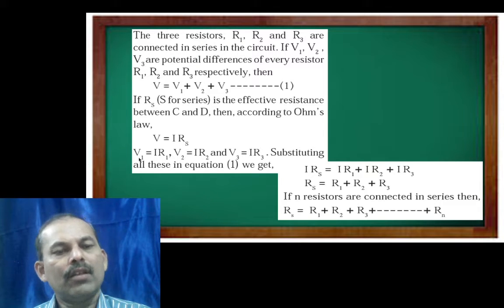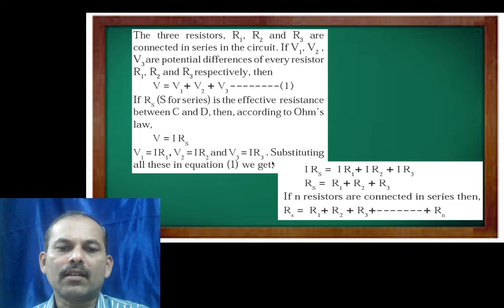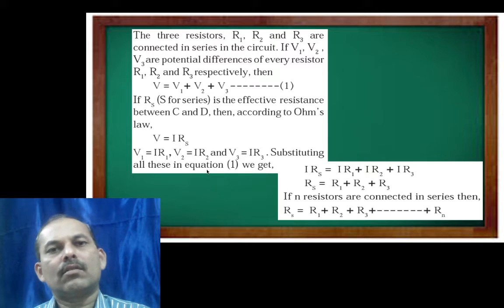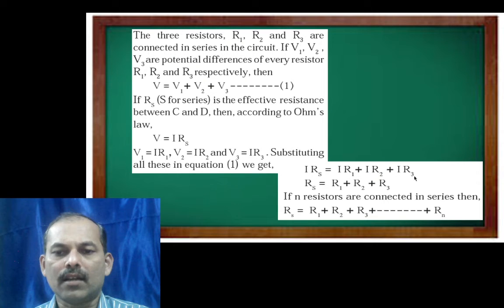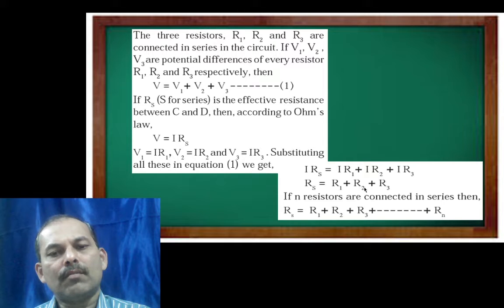Then V1 equal to I R1, V2 equal to I R2 and V3 equal to I R3. If you substitute all these in equation 1, we will get I Rs equal to I R1 plus I R2 plus I R3. Then Rs equal to R1 plus R2 plus R3.